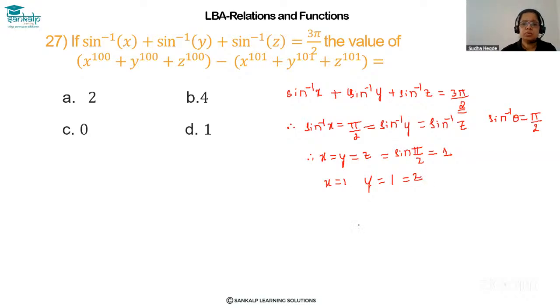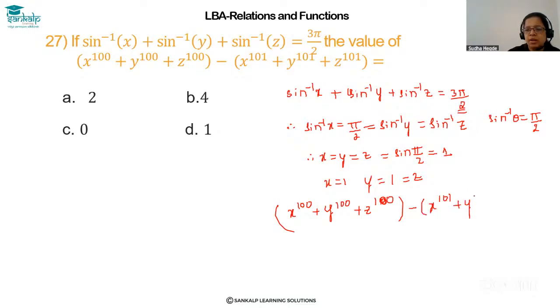Now, take the expression x power 100 plus y power 100 plus z power 100 minus x power 101 plus y power 101 plus z power 101. This is equal to what?